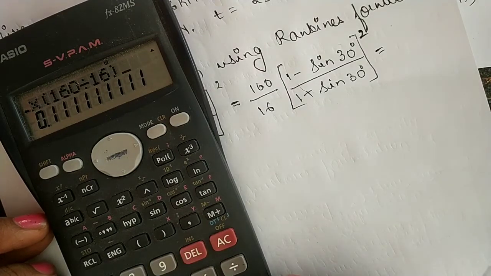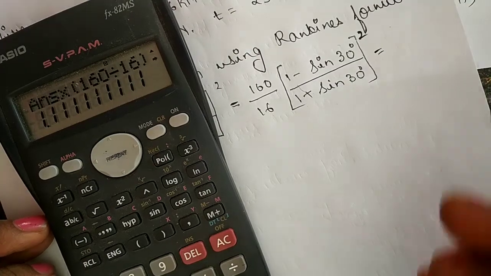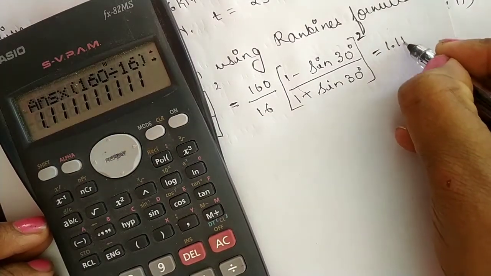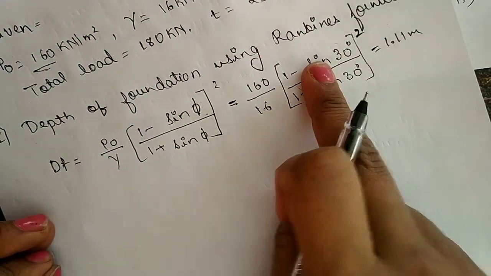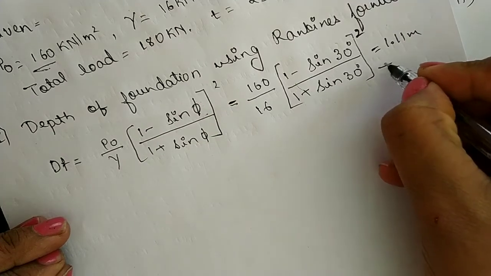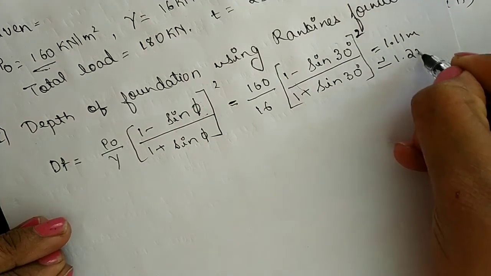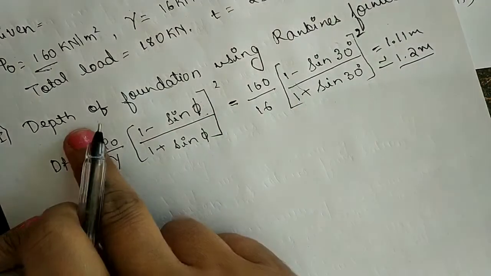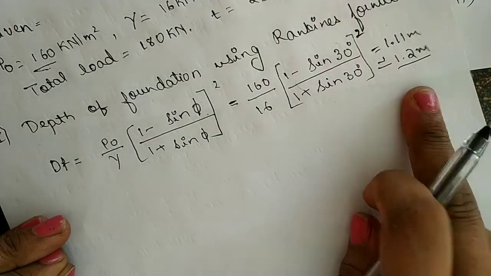So the answer is 1.11 meter. You cannot provide 1.11 meter in the field, so you can take it to be 1.2 meter. So depth is equal to 1.2 meter.